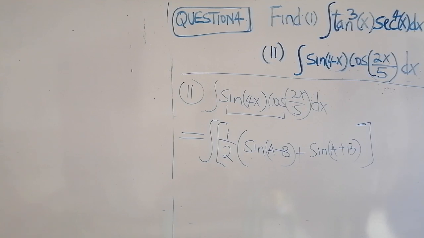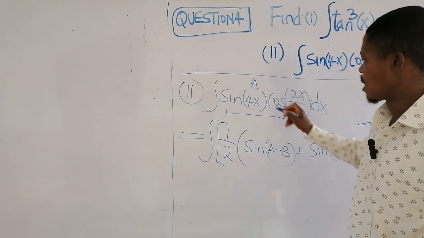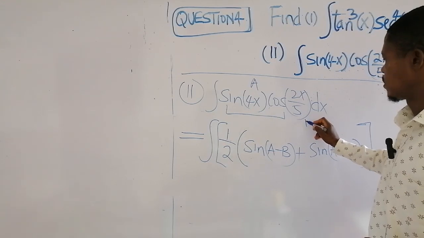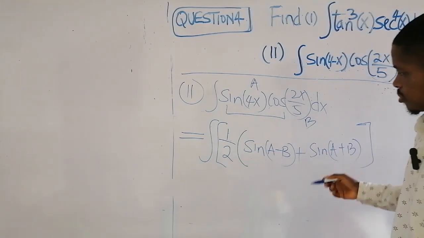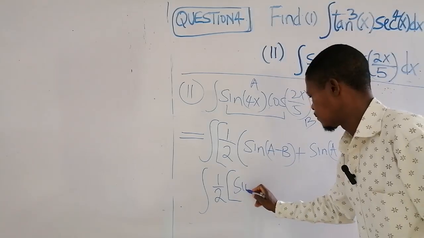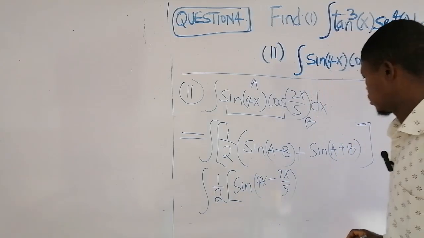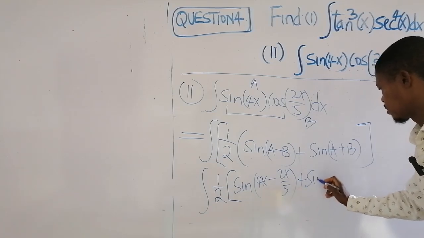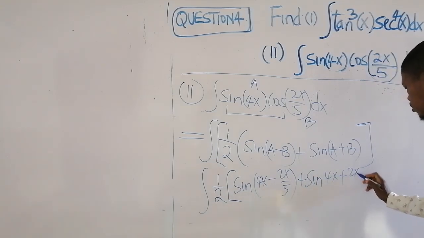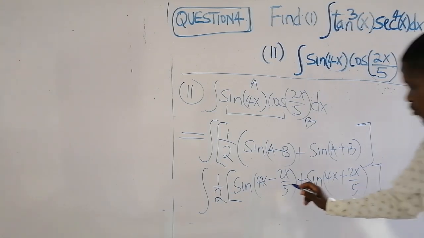The next thing to do now is to spot what is A, what is B. So this 4x is my A, and 2x over 5 is my B. So substitute that. We now have half times sine of (4x minus 2x over 5), close that, then plus sine of (4x plus 2x over 5), close the brackets.